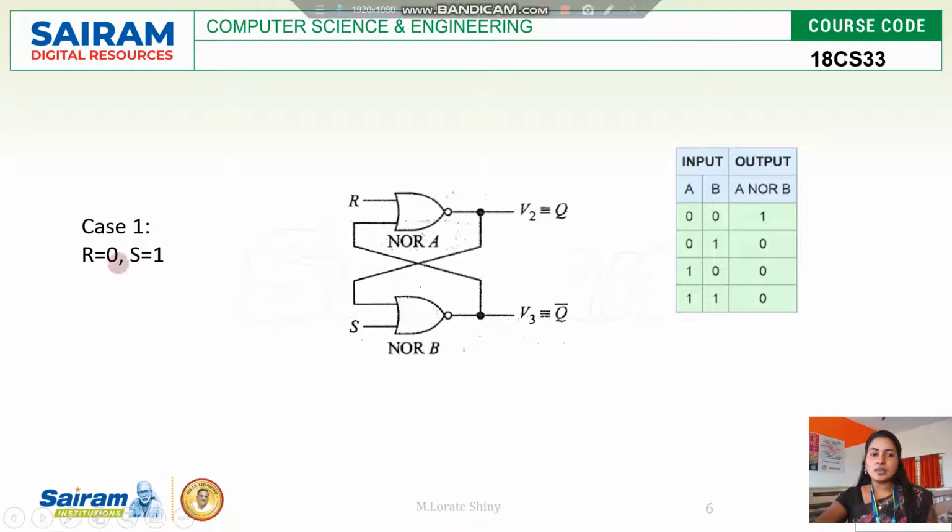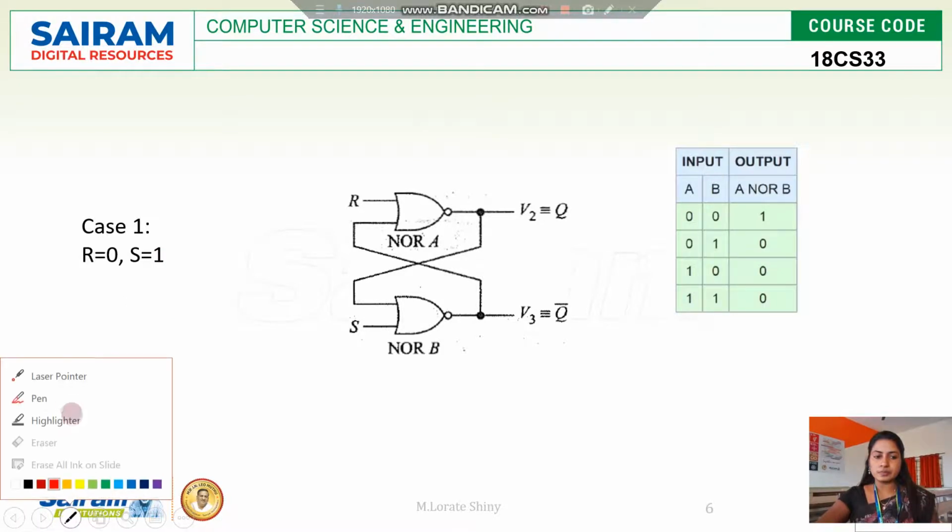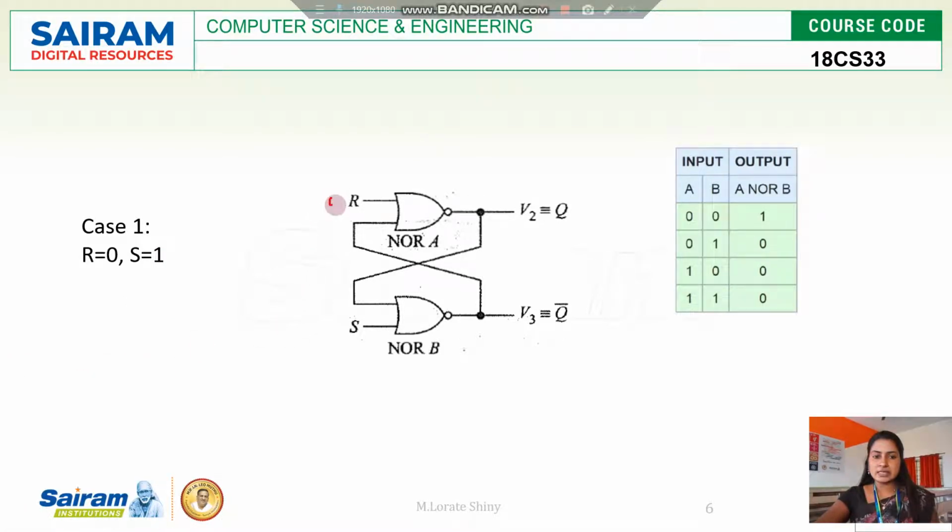R is 0, S is 1. R is taken as 0, S is taken as 1. So we must get Q equal to 1, Q bar equal to 0. So we'll see whether we are getting this or not. R equal to 0. So this is the truth table of NOR gate. If any one input is 1, the output equals 0.